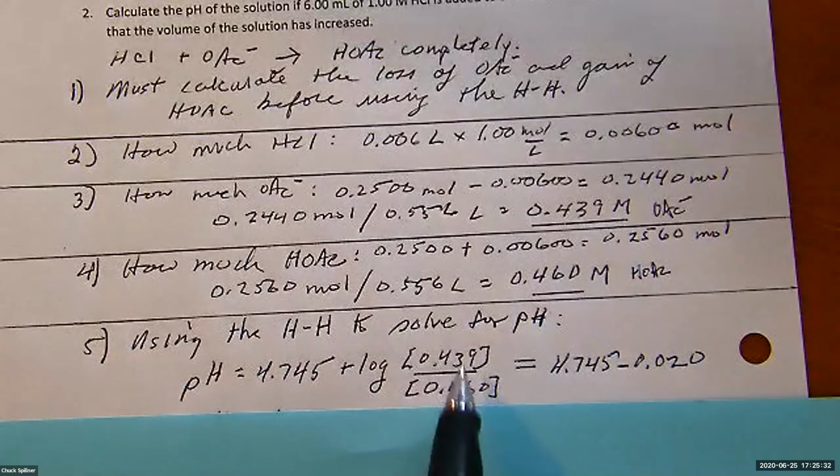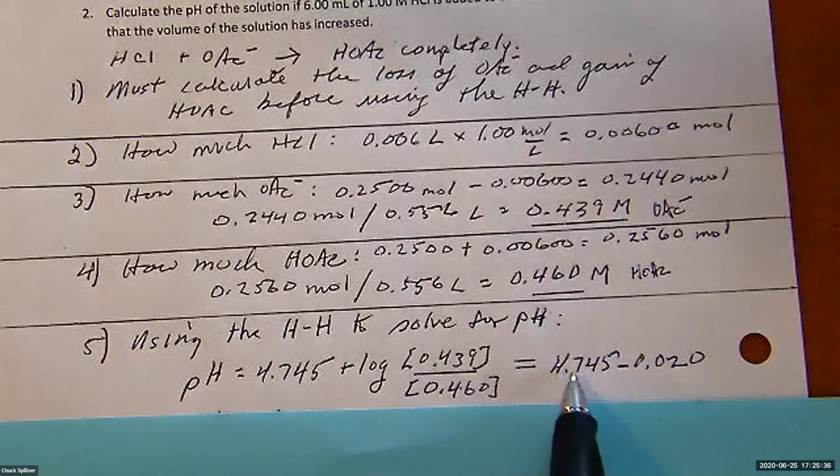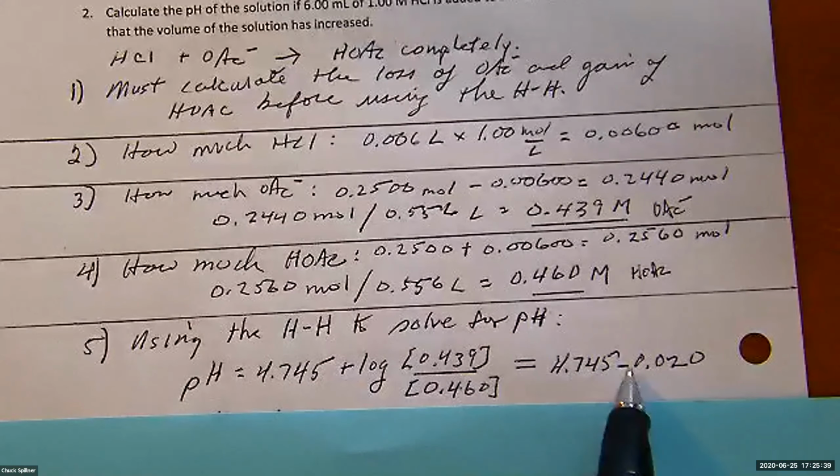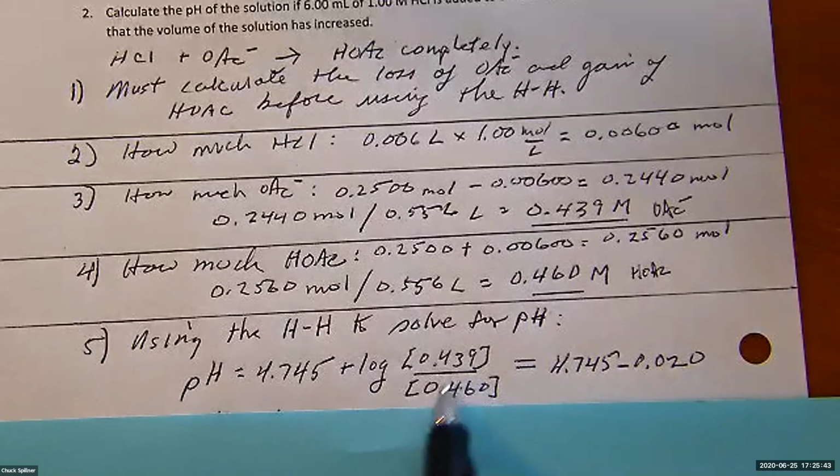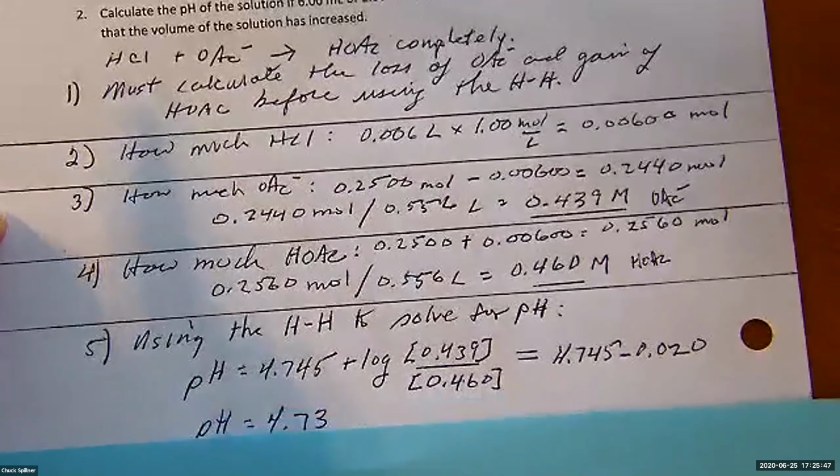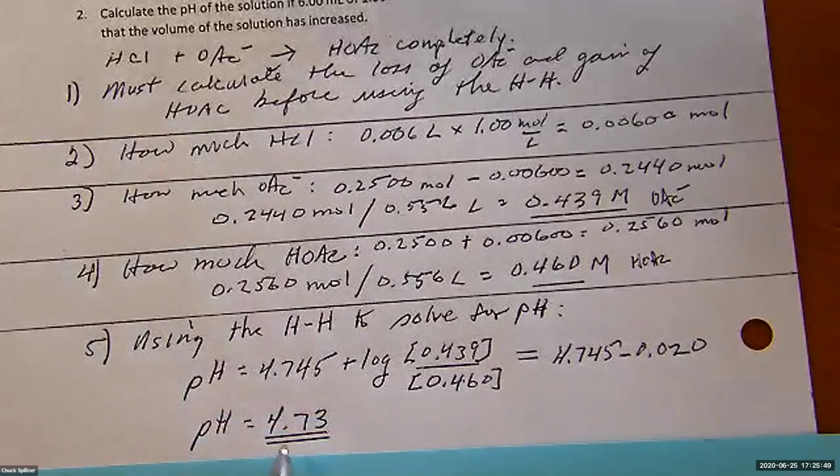It's not 1 anymore, so we're going to have to solve it. We end up with 4.745, which is the pKa, minus 0.020. That's what the log of these concentrations is. When we do that, we find out our pH is 4.73.